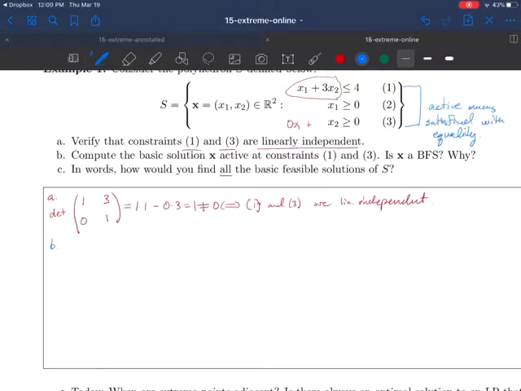Okay, so we look at the system, x1 plus 3x2, and I know the constraint is less than or equal to 4, but we're gonna make that satisfied at equality, so it's equal to 4, and then x2 equals 0. Right? It was greater or equal to 0. If it's active, it means it equals 0. Because of this, we know that this has a unique solution.